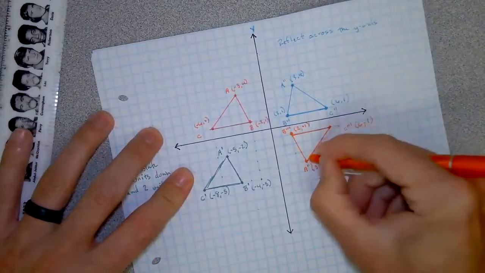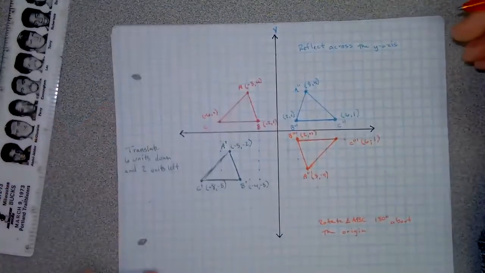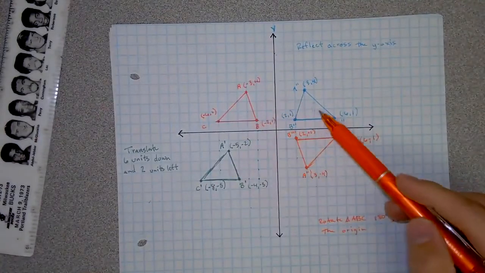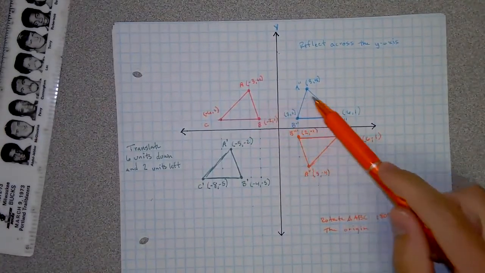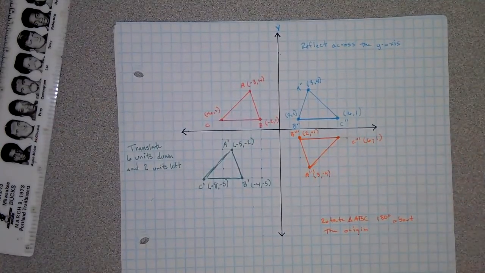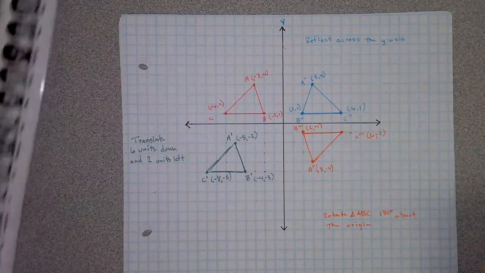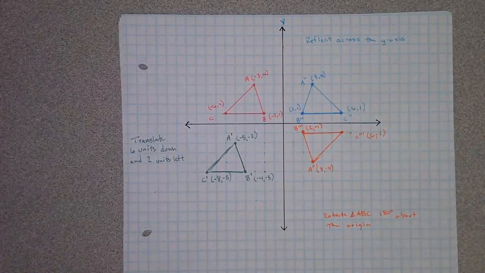There we go. All the triangles have the exact same shape. This one's just translated down. This one's reflected across the y-axis. This one's rotated 180 degrees around over there. So there's an example.